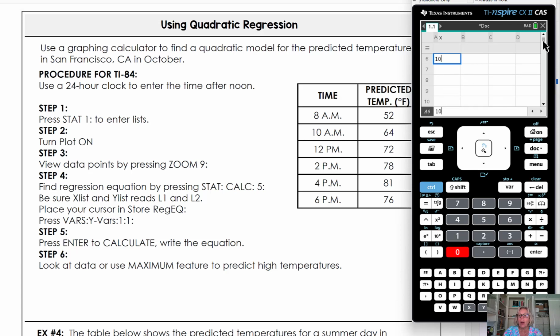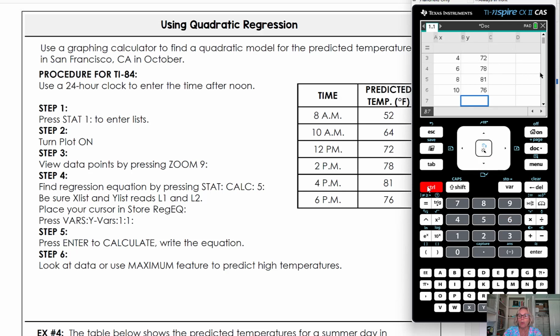And then back to the top, we want to call the y-axis column B. And we need our temperatures here, so 52 degrees, 64 degrees, 72 degrees, 78 degrees, 81 degrees, and 76 degrees.